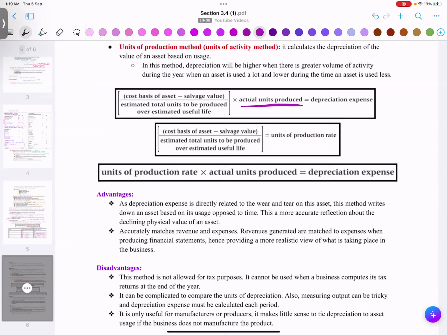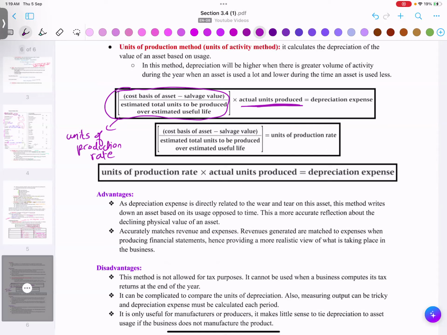Okay, and then for the units of production rate, you have cost basis of asset minus salvage value over estimated total units to be produced over the useful life. So this is all units of production rate.